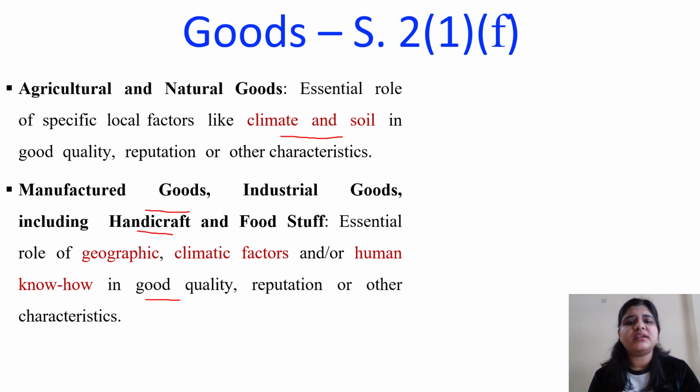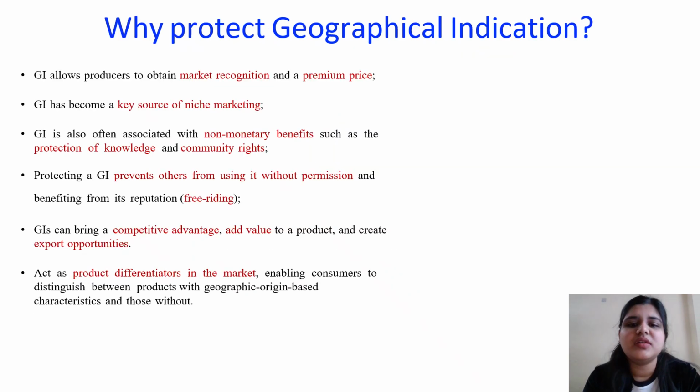Now since we have understood the definition of geographical indication, let us move into the question. So in this slide we will see why we need to protect geographical indication. We need to protect geographical indication because very often the producers of these GI products are really poor.